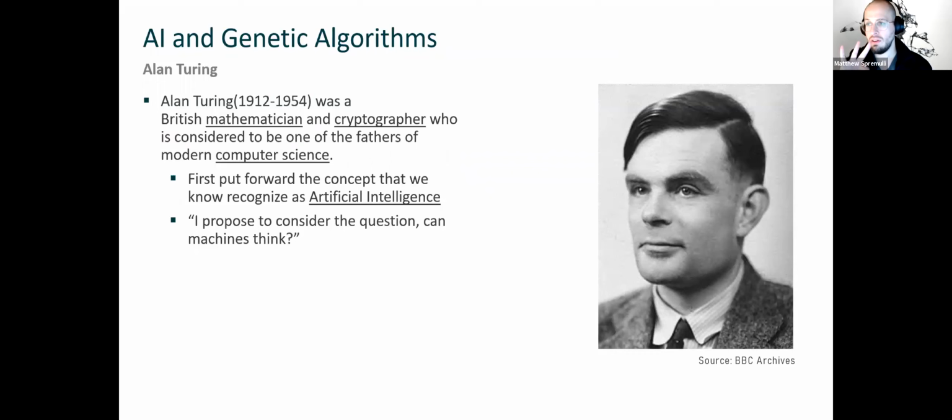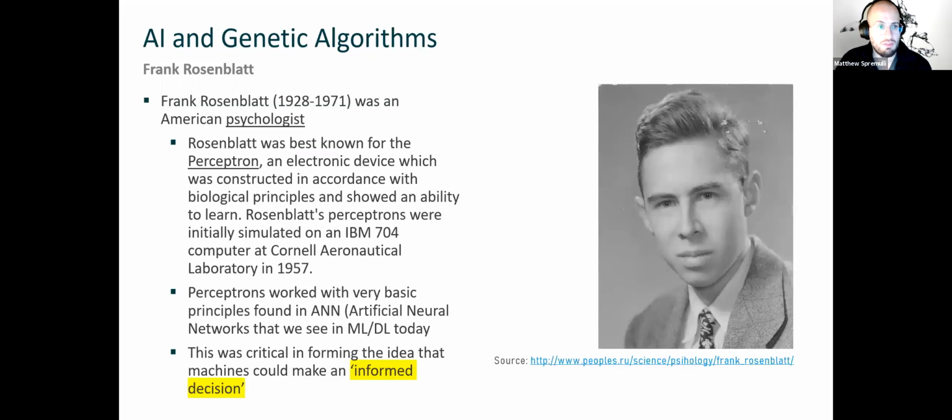There are 3 figures that are really important to this history. The first is Alan Turing, who proposed the question, can machines think? He is seen as one of the early fathers of artificial intelligence. Frank Rosenblatt is an American psychologist who positioned the idea that there could be a computer that can make informed decisions. If given enough information, it can pick better candidates over others.